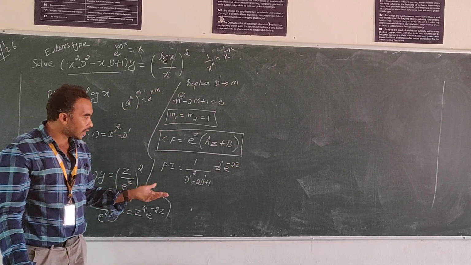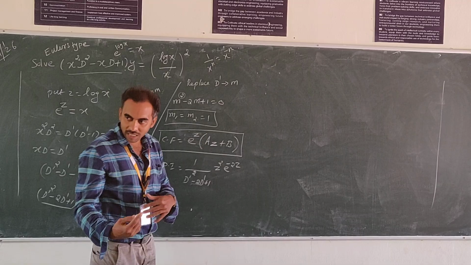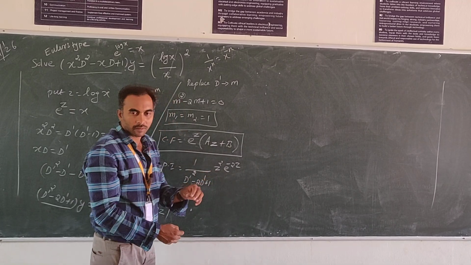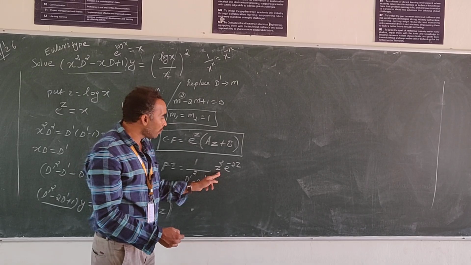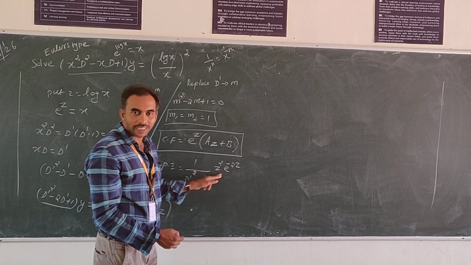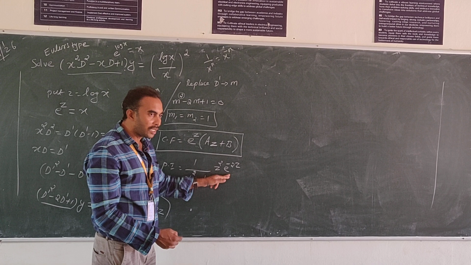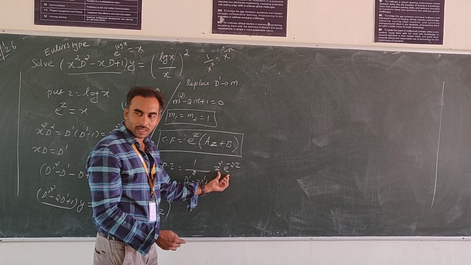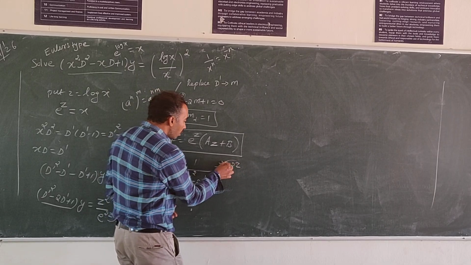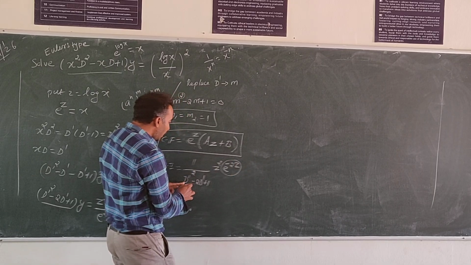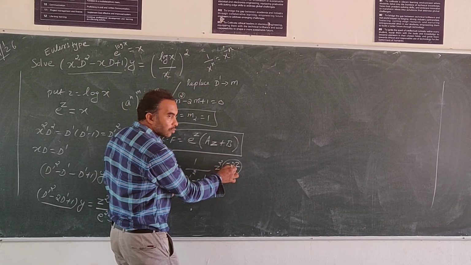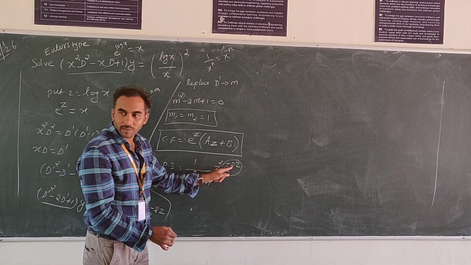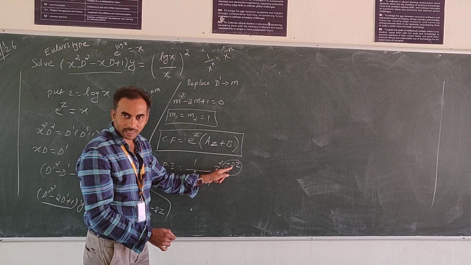We haven't seen such types. Two functions are there. Usually we have seen only one function, but here how many functions are there? Two functions. One is z², another one is e^(−2z). So if combined, we use one rule. Instead of D', we have to apply D' − 2. Suppose minus 3 is there, then D' − 3.